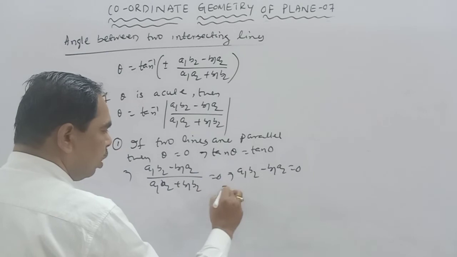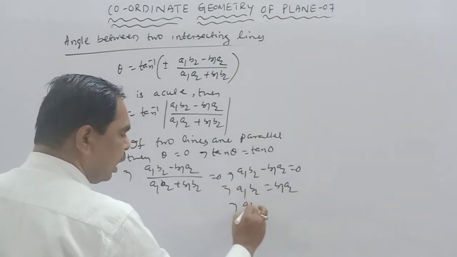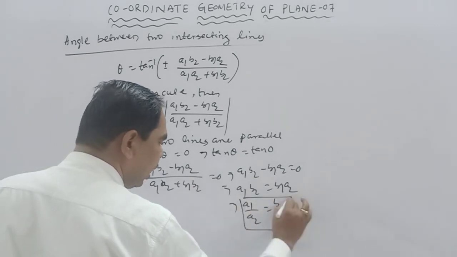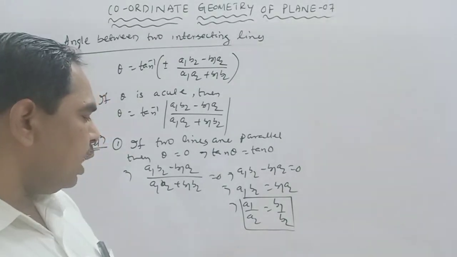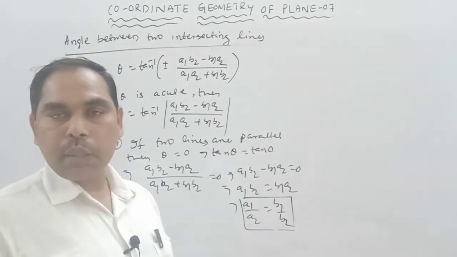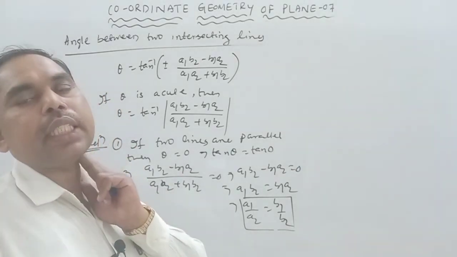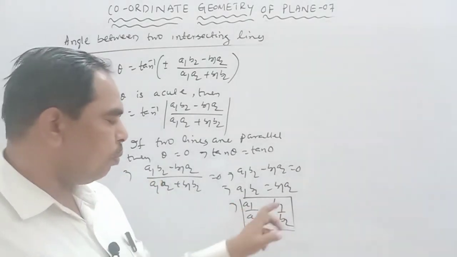So a1 b2 is equal to b1 a2, which implies a1 by a2 is equal to b1 by b2. If two lines are parallel, then a1 by a2 is equal to b1 by b2. That means the ratio of the coefficients of x is equal to the ratio of the coefficients of y. Okay, next.